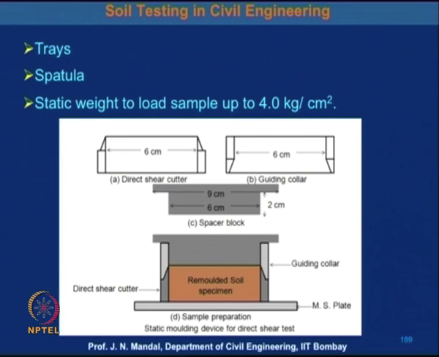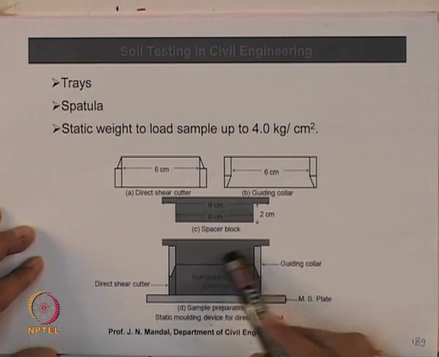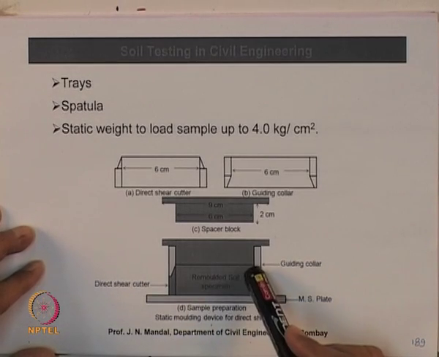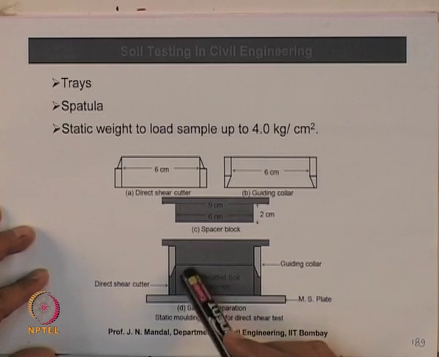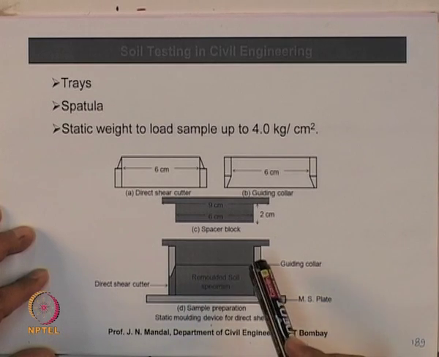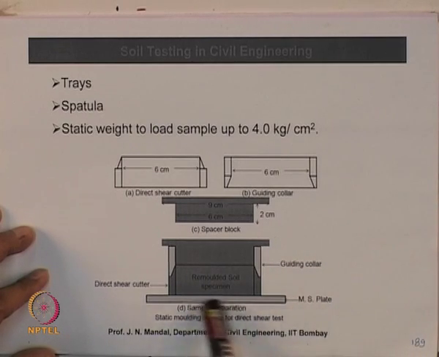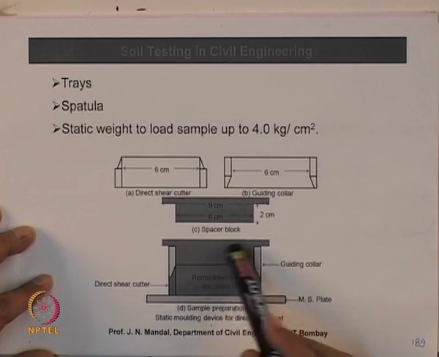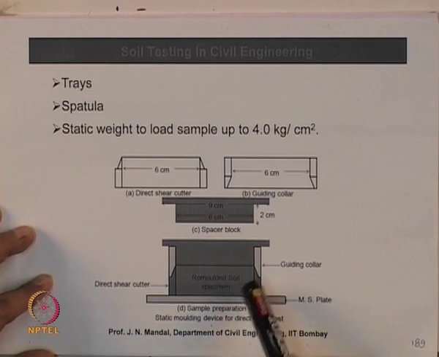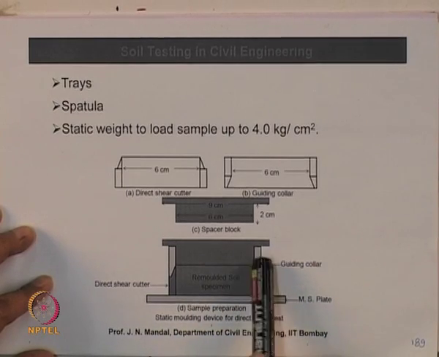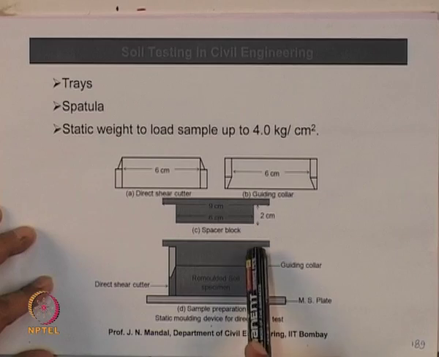I am just showing one. This is the static molding device for the direct shear test, and this is the MS plate. This is the remoulded soil specimen, and this is the guiding collar.